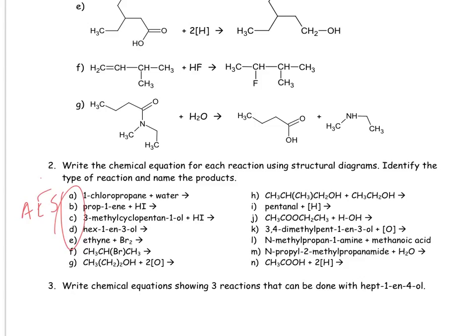G to N are your oxidation, your reduction, and your condensation and hydrolysis questions. Also try out question number 3. Given a specific molecule, can you show different reactions that it can actually perform? Now there's more than 3 possible ones for hept-1-ene-4-ol, but I'm just asking for 3, so pick your favorite.